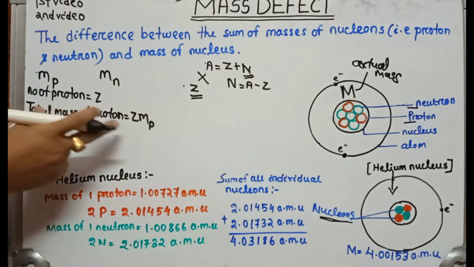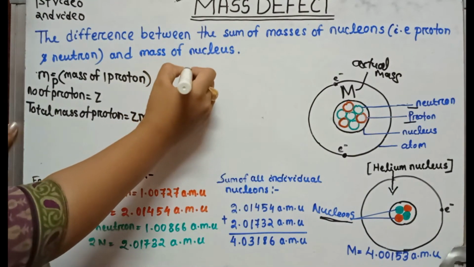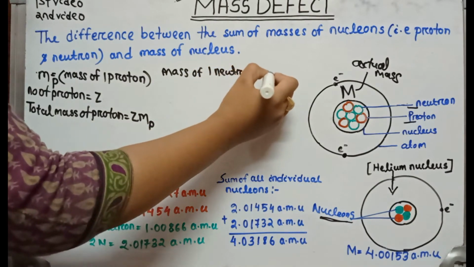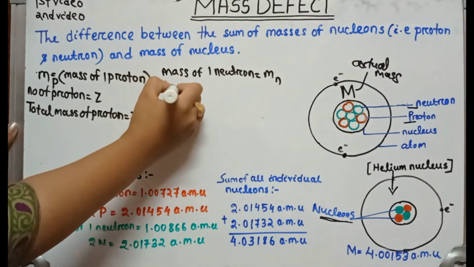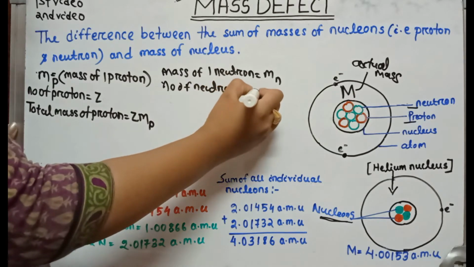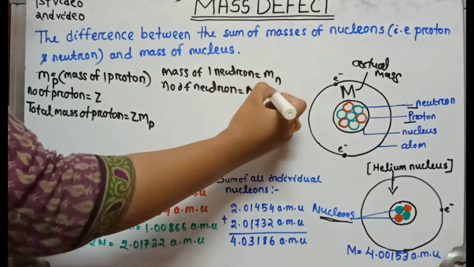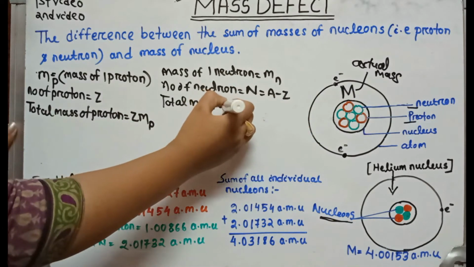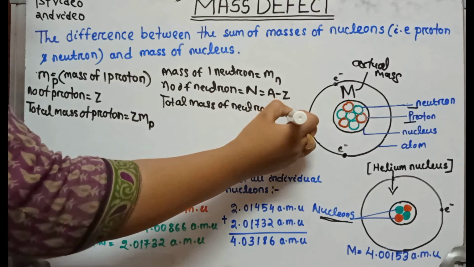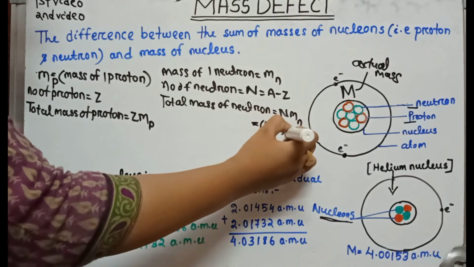You clear, students? Now the mass of one neutron is taken as Mn, and the number of neutrons is denoted by capital N, or as we discussed previously, N equals A minus Z. The total mass of neutrons is equal to N Mn, or we denote it as (A minus Z) Mn.